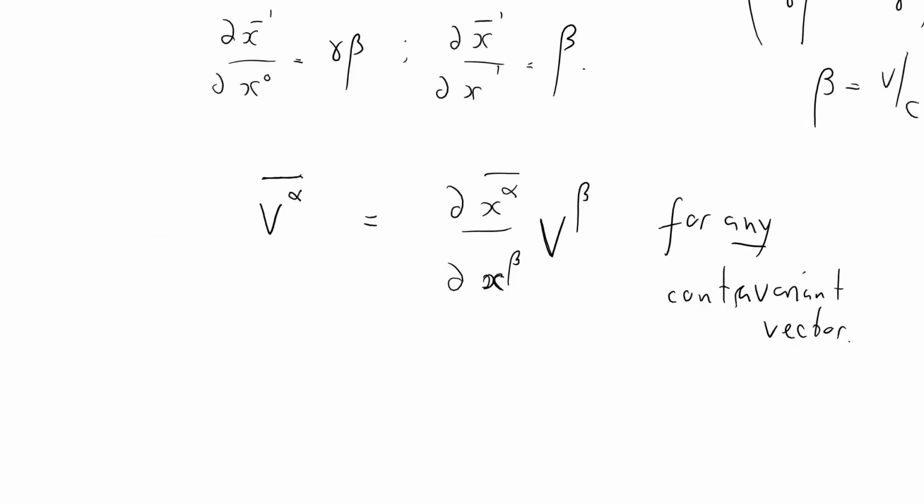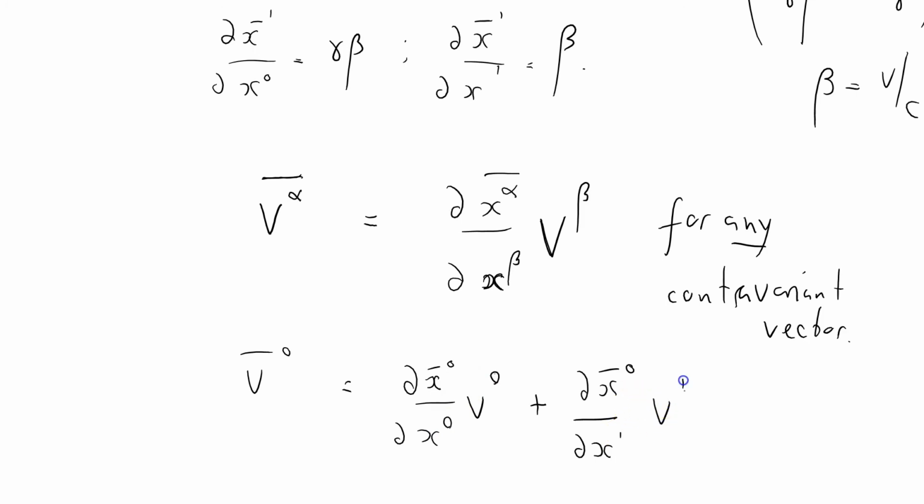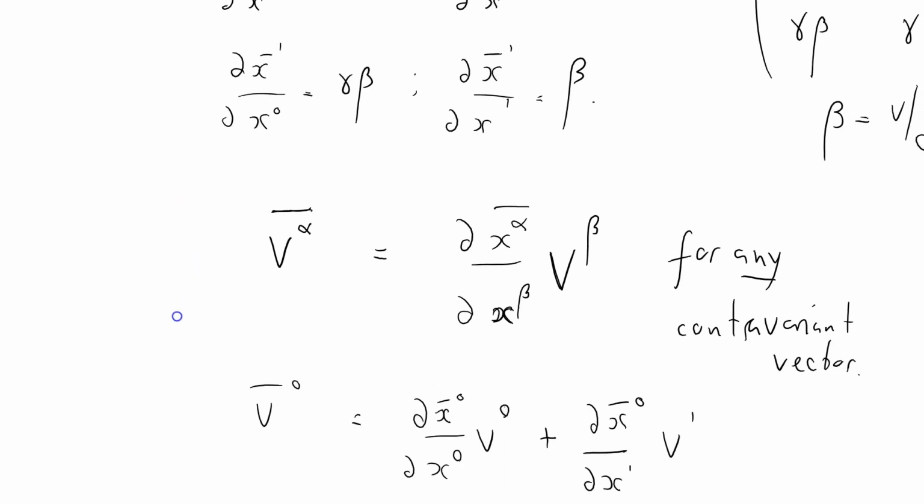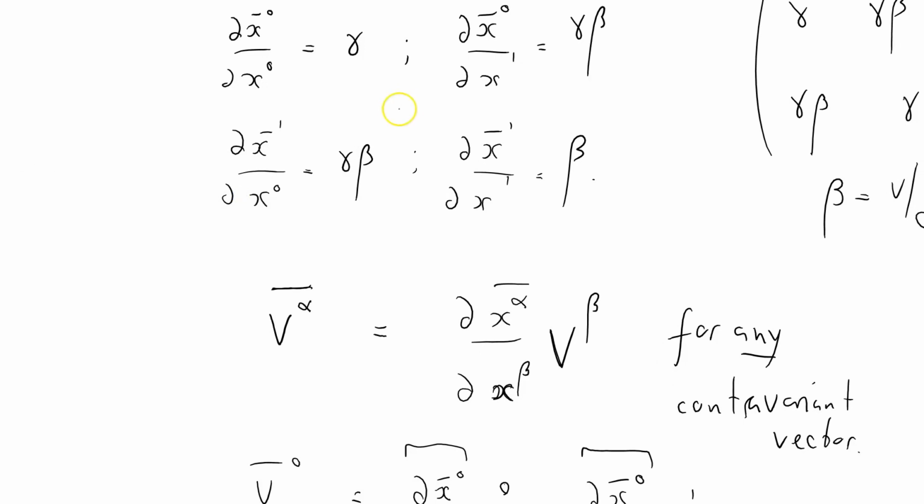Okay, so I can say that v bar 0 equals partial x bar 0 by partial x0 v0 plus partial x bar 0 by partial x1 v1, which equals, but now I can just substitute these partial derivatives from my calculations here.